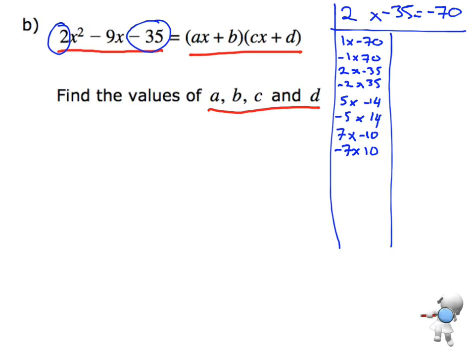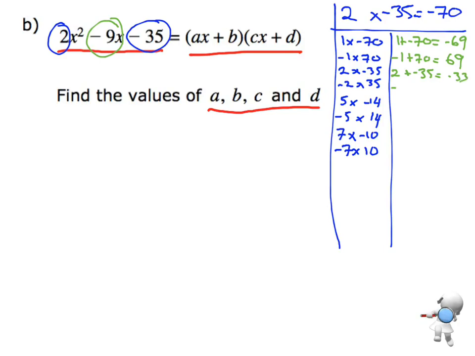Now what I want to do is see when I add those together, which one of them adds to negative 9. So if I did 1 plus negative 70, that's going to give me negative 69. If I do negative 1 plus 70, that will give me positive 69. That's not the ones I want. 2 plus negative 35 will give me negative 33.